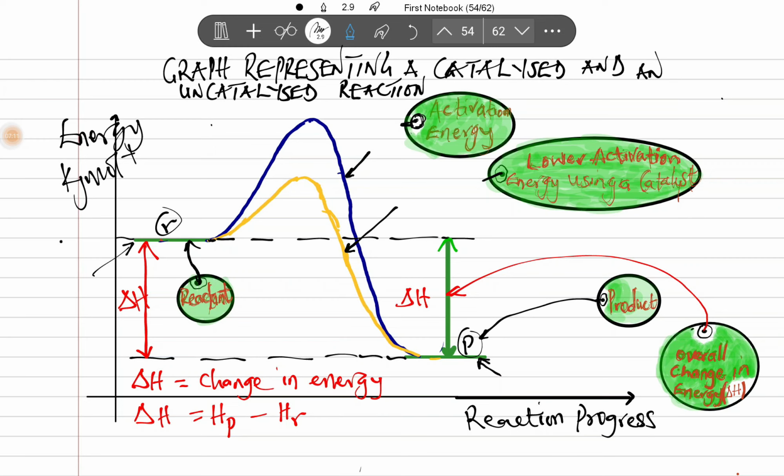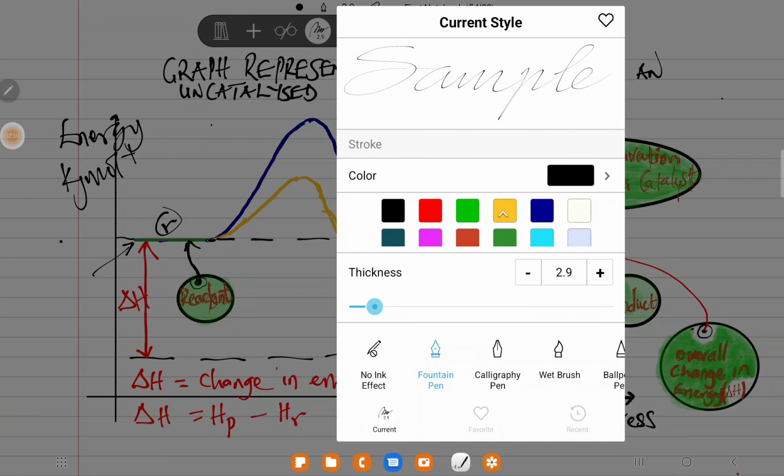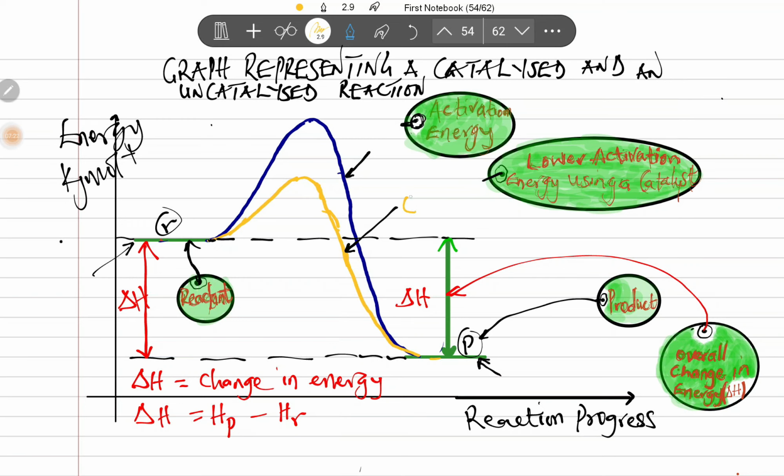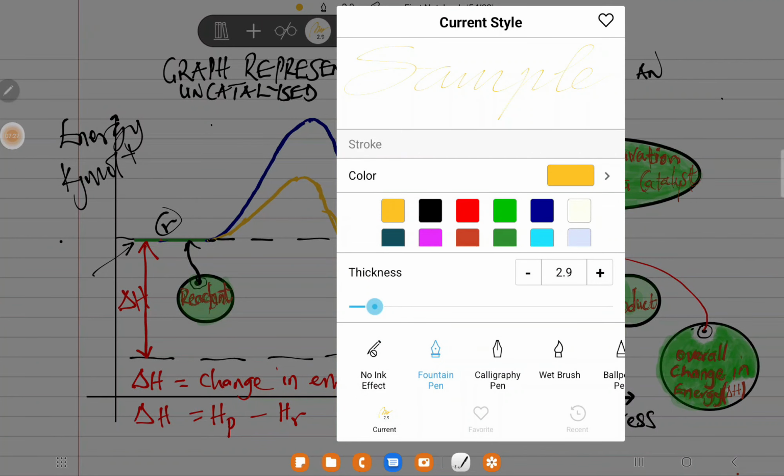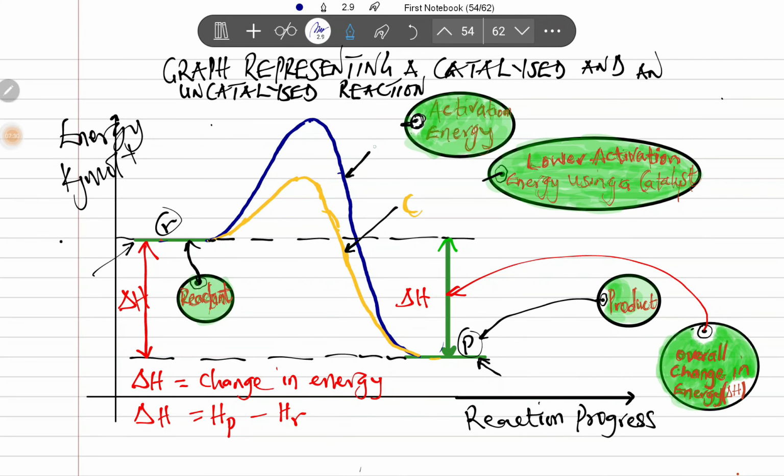So the reaction pathway for the catalyzed reaction is represented by the yellow color, and the uncatalyzed reaction is represented by the blue color.